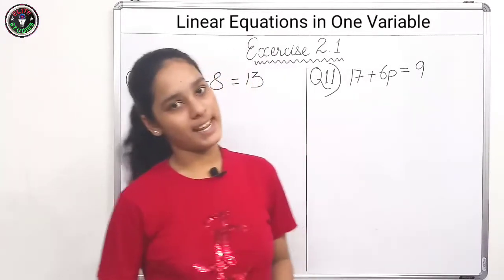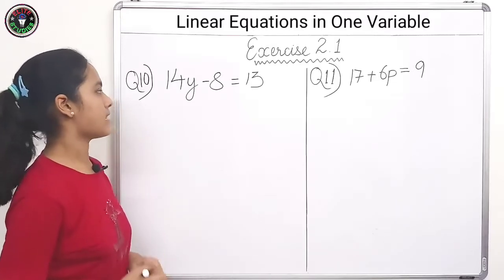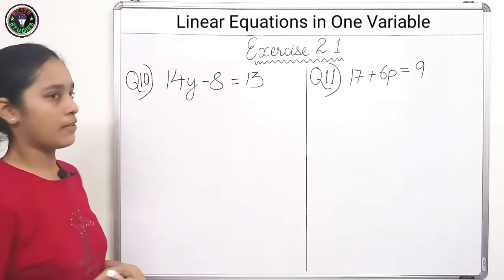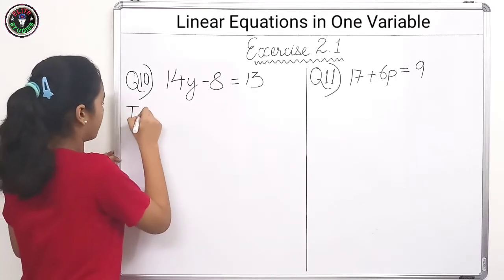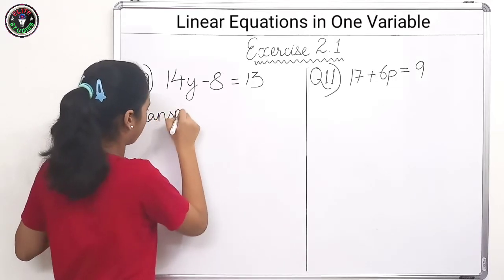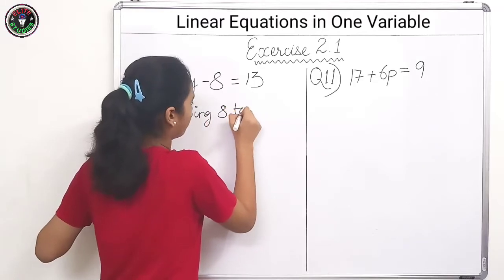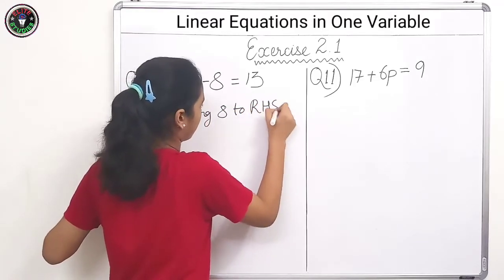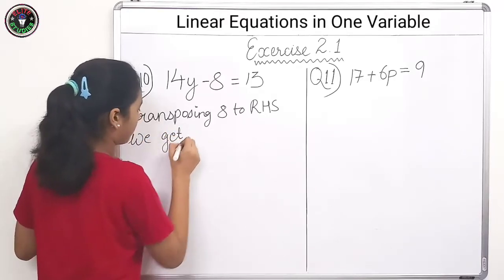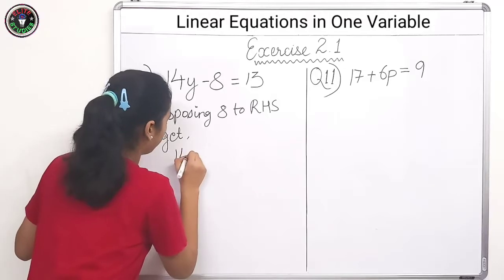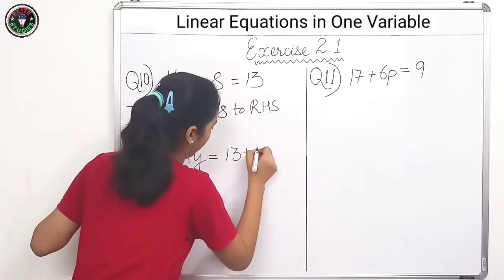Now we will do question number 10. Our question number 10 is 14y minus 8 is equal to 13. First we need to get rid of this 8. Transposing 8 to RHS, we get 14y is equal to 13 plus 8.